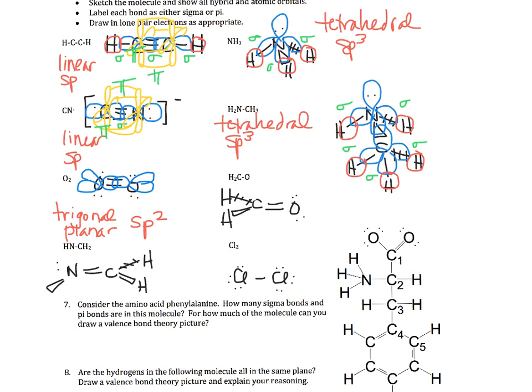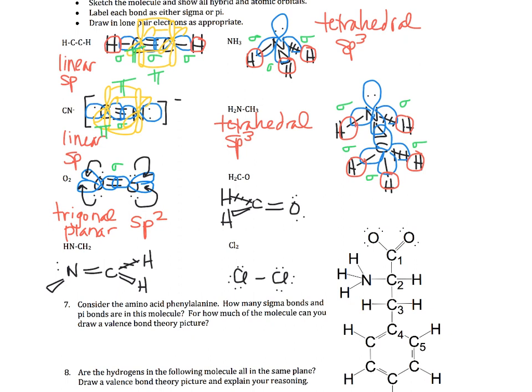Notice that I have drawn a sigma bond there, so I've taken care of one of the 2 bonds on the oxygen. I'm going to draw some arrows. So this lone pair that I drew before is going to go in there. This lone pair is going to go in there. That lone pair is going to go in that space, and that lone pair is going to go in that space.